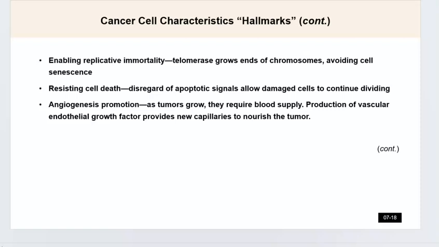I love that word. The telomerase grows the ends of chromosomes, avoiding cell senescence. Remember when we said that the cells are protected and they're only able to replicate so many times before they become senescent and they turn themselves off and go over to G0 and there they stay? The cancer cells will continue to grow the end of the chromosome and they avoid that altogether.